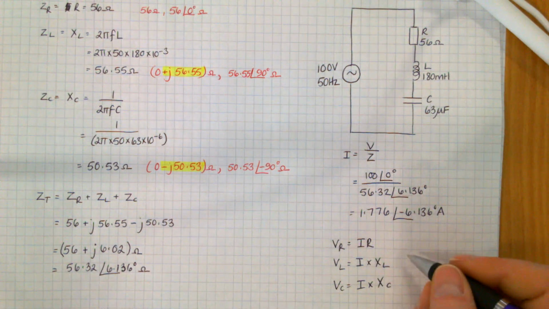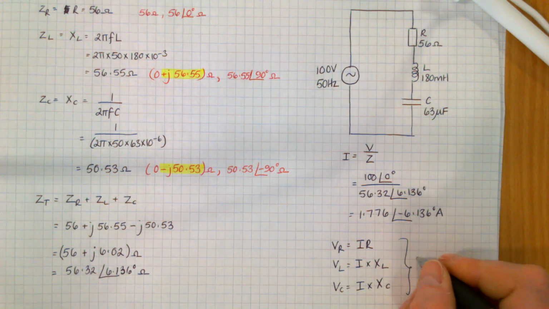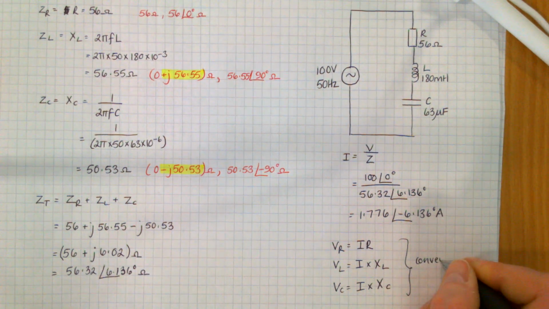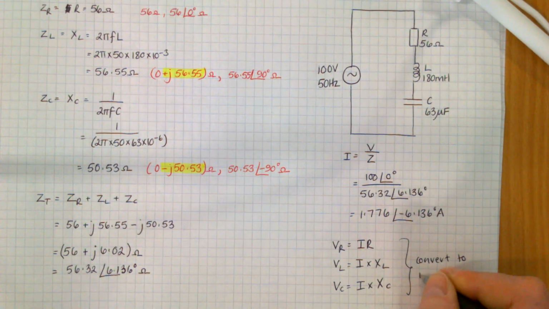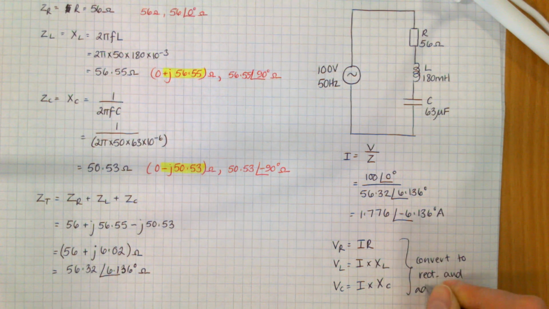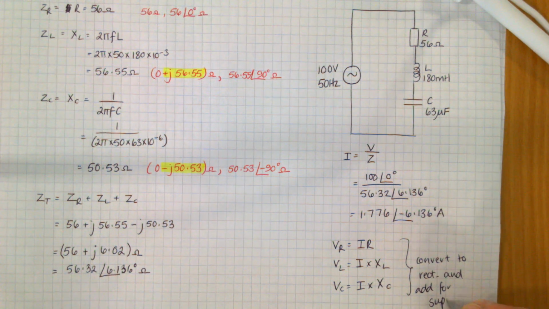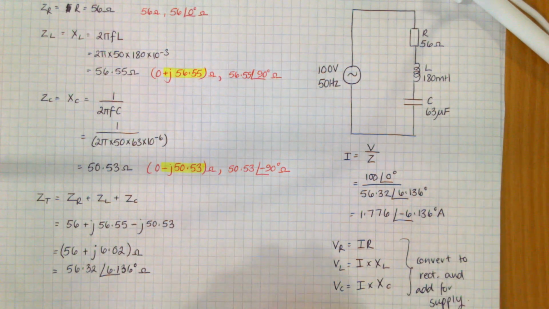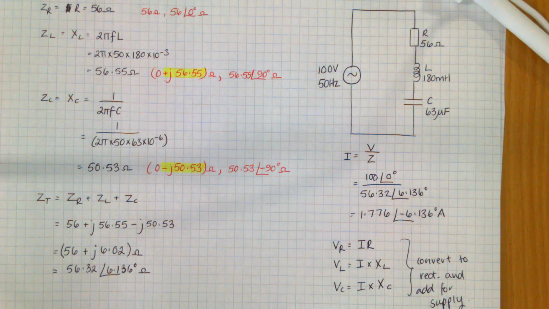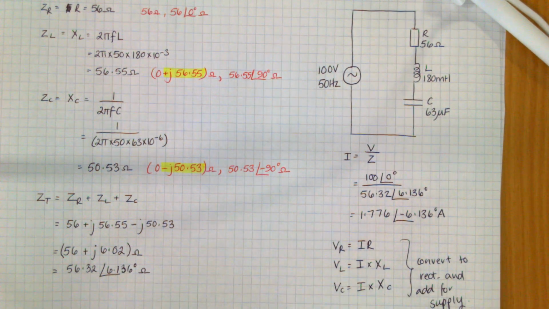And then once you've done these, you convert these to rectangular and add them to get the supply. And that's what I would like you to do to finish off today. Work out your VR, your VL, your VC, convert them to rectangular, add them up, and make sure you get that supply.